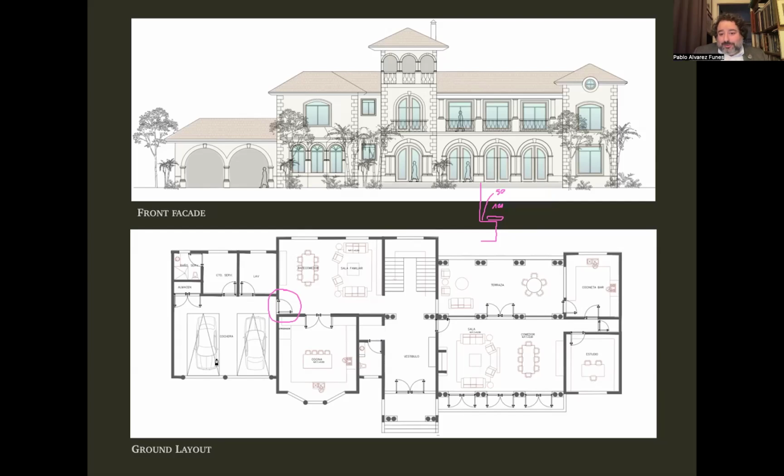Then the door has the stop, and you need to leave 10 extra mil between the architrave and the door. So this is 110, this is 150, this is 50. So once you start putting your door leaf, this distance has to be minimum 160.